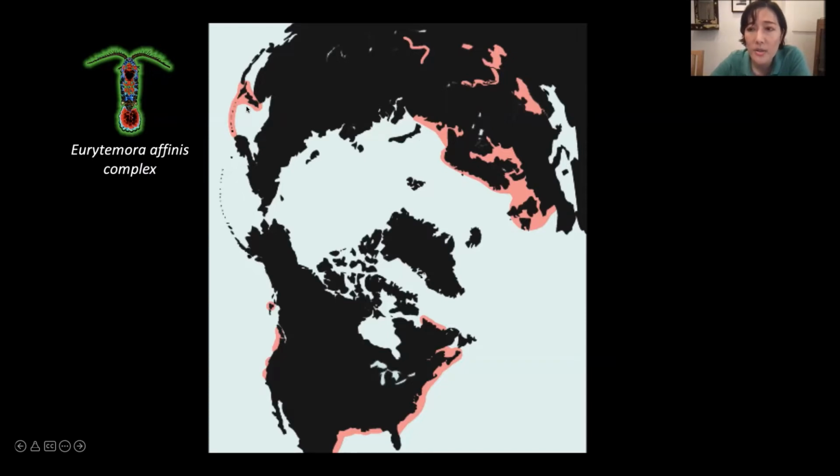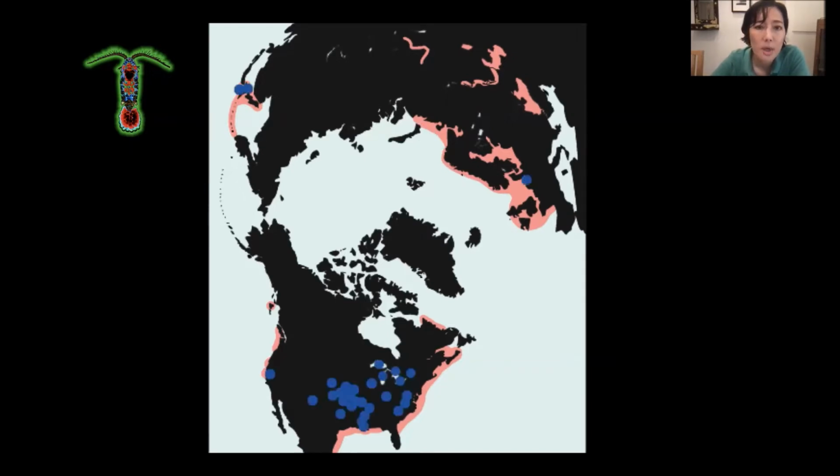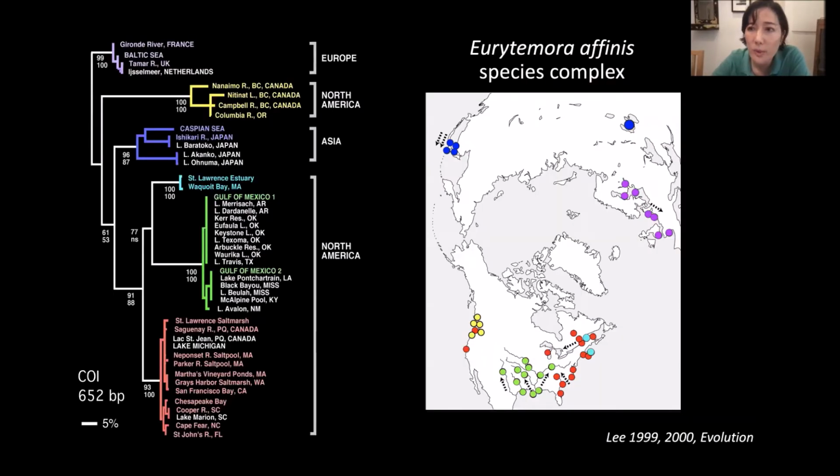But within the last few decades, all within the last 60 years or so, this copepod has invaded many freshwater habitats, reservoirs, and lakes, shown here in blue. And my cursor disappeared again. I can't find it. So if we look at the freshwater invading populations, oh, there it is, shown here in white.